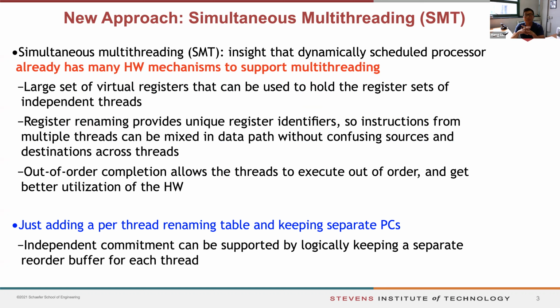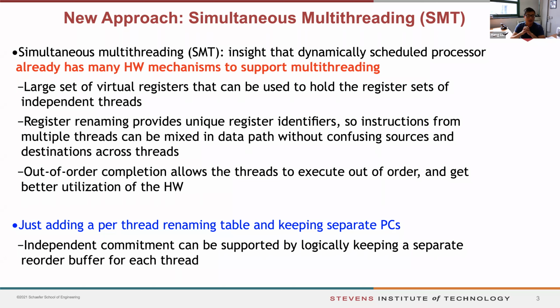If you still remember this slide, what we talked about is that in a reservation station or in a superscalar, we have multiple instruction fetch, instruction decoding, execution, write back, memory load, and so on. We already have many hardware support mechanisms that can support multiple threads.